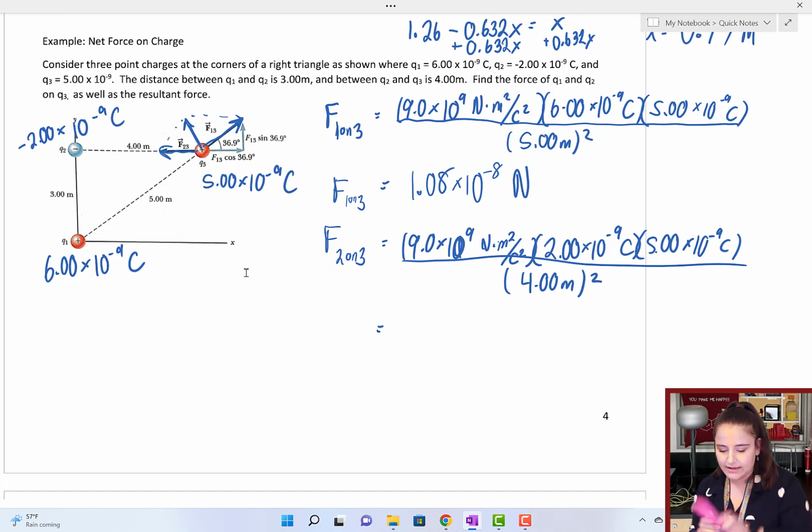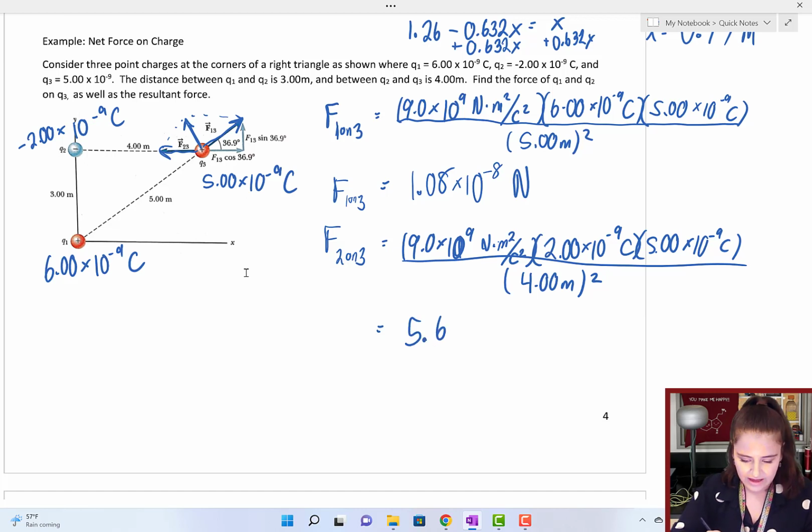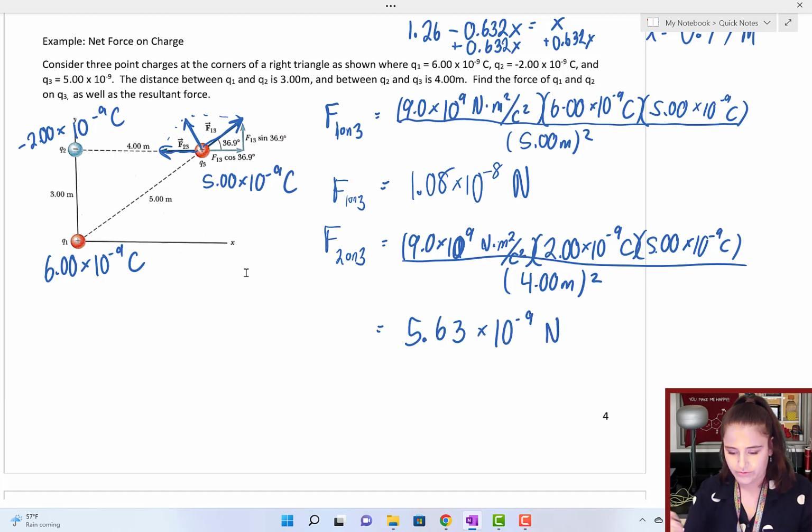We plug that into our calculators, divide by 16, and we get 5.625. So I would say 5.63 times 10 to the negative 9 newtons. Okay, so we have our forces.